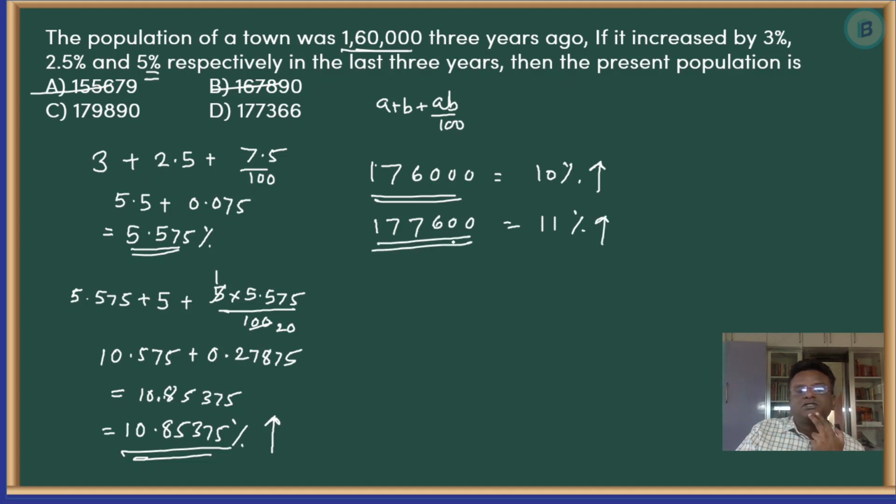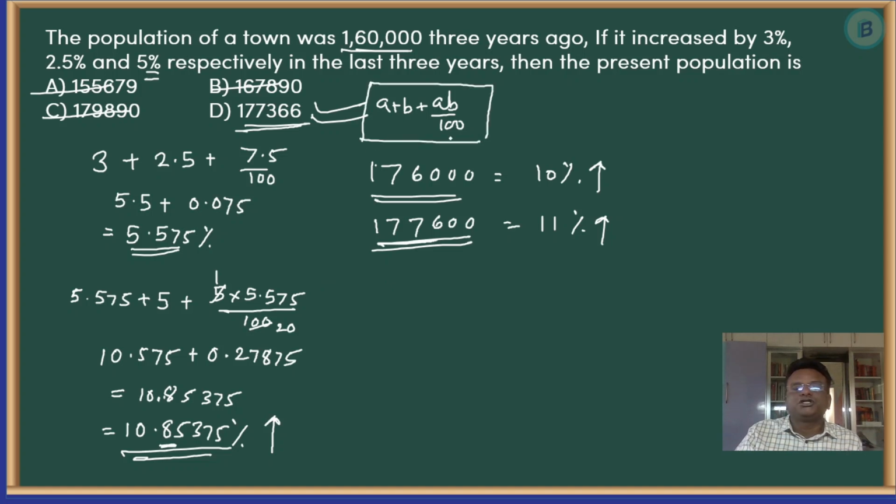So my answer is going to be certainly less than that, so this option is also gone. And I know that this number is very close to 11 because it is 10.85, so my answer is going to be very close to 177,600. My answer is option D.